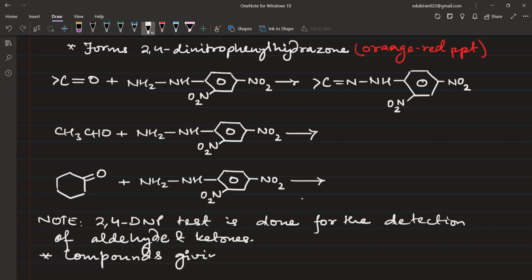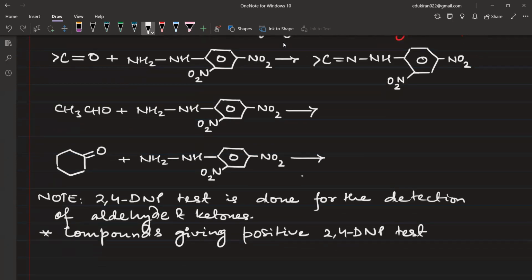Compounds giving a positive 2,4 DNP test may be aldehydes or ketones. So it is a confirmatory test for the carbonyl compounds. If there is a carbonyl compound, then it is surely going to give you the 2,4 DNP test.